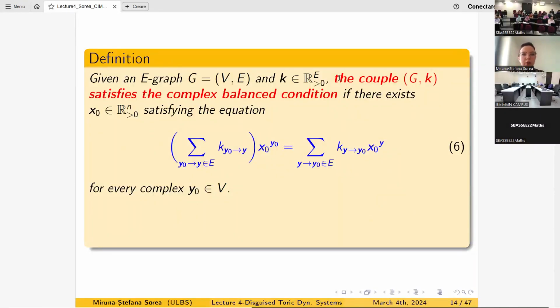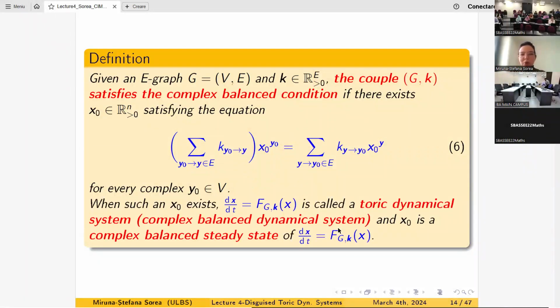So we said the complex balance condition is satisfied by the graph and the vector K whenever we have this Kirchhoff balancing in each vertex of the network. So the inflow is balanced out by the outflow. This is nothing new. For every complex, or vertex if you want to call it, we have this equality.